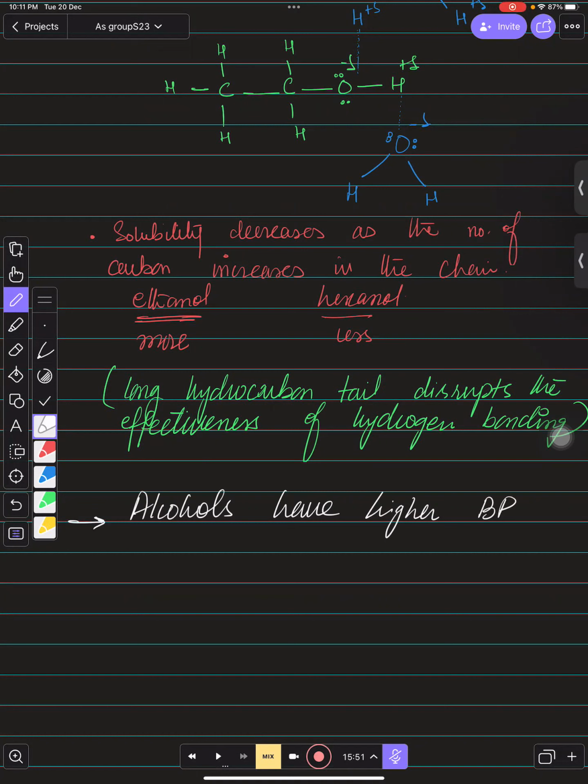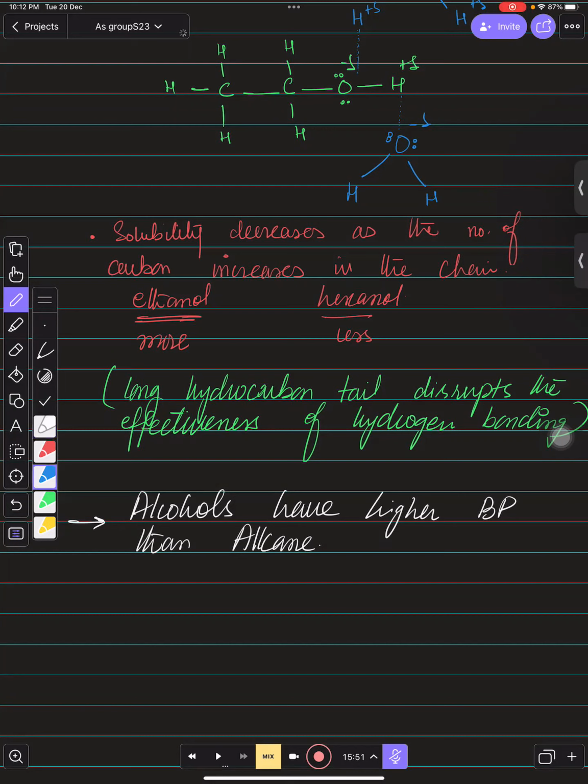And what's the reason behind this? Again, the reason is the same. There are induced dipoles, and along with the induced dipoles, they have hydrogen bonding among their own molecules as well. They also form hydrogen bonds with each other, and because of this their melting and boiling points increase.